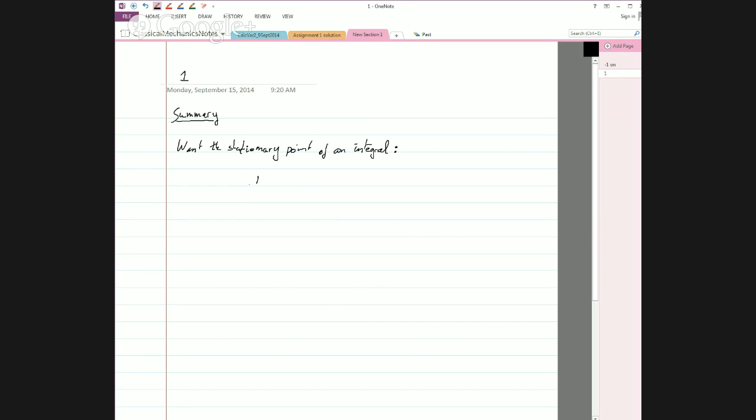So we had an integral I, which was evaluated between fixed points, so it's a definite integral, of some function L that depends on y prime and x.